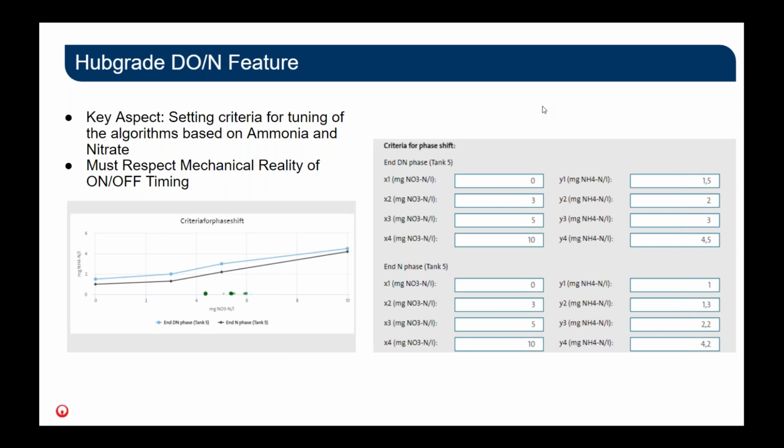So this is just one example of tuning settings related to ammonia and nitrate. There is a separate set of tuning criteria associated with DO as well, and a separate algorithm that's part of the system.